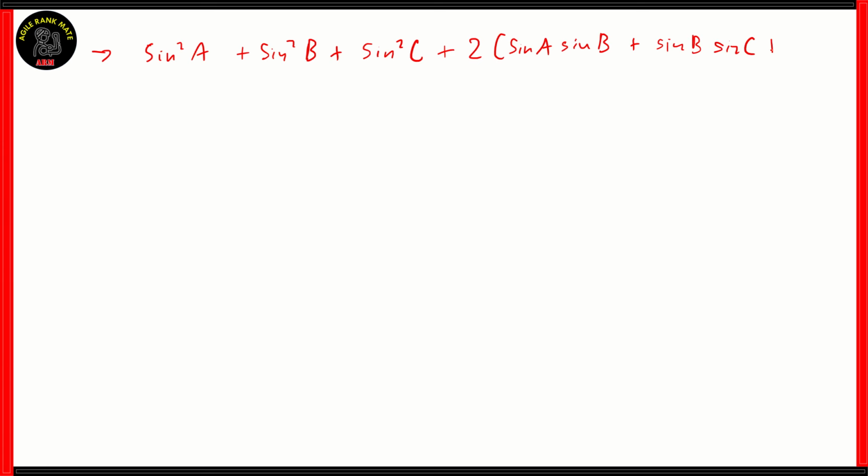So they would now become sine squared A plus sine squared B plus sine squared C plus 2 times (sin A sin B plus sin B sin C plus sin C sin A), and that is equal to 0. Let's consider this to be equation number 1. And the cos equation, let's consider that to be equation 2.